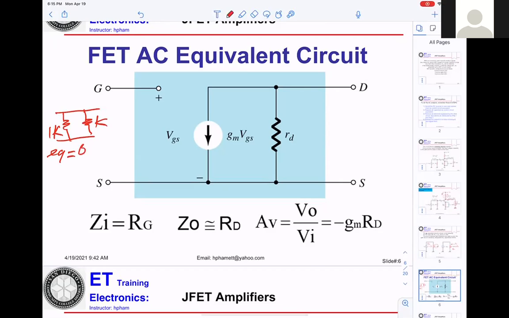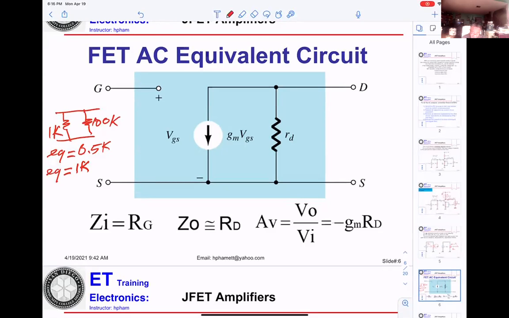Yes, that means 0.5K. Okay, now I can get one 1K and one 100K. What's the equivalent? About 1K, almost 1K, right? Yes. That means you take 1 times 100 divided by 1 plus 100. Correct?